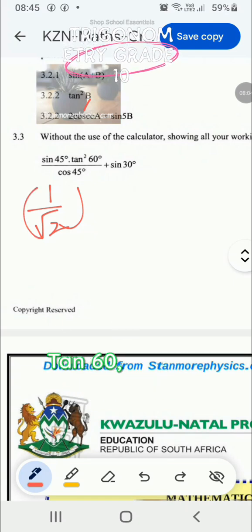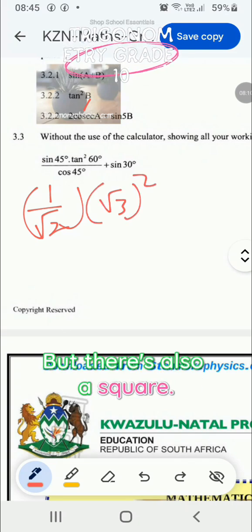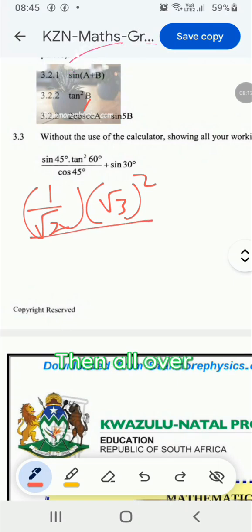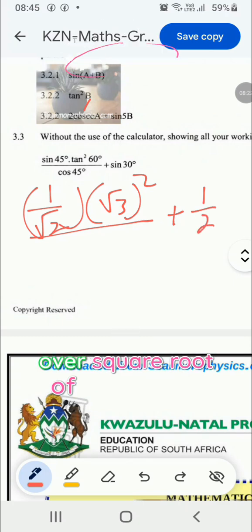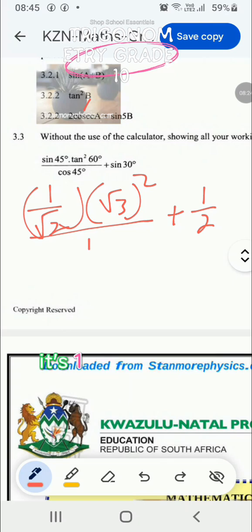Tan 60, we get square root of 3. But there's also a square. Then all over, and then we have a plus here. What about sine 30? It's 1 over 2 over square root of 2 over 2, so it's 1 over square root of 2.